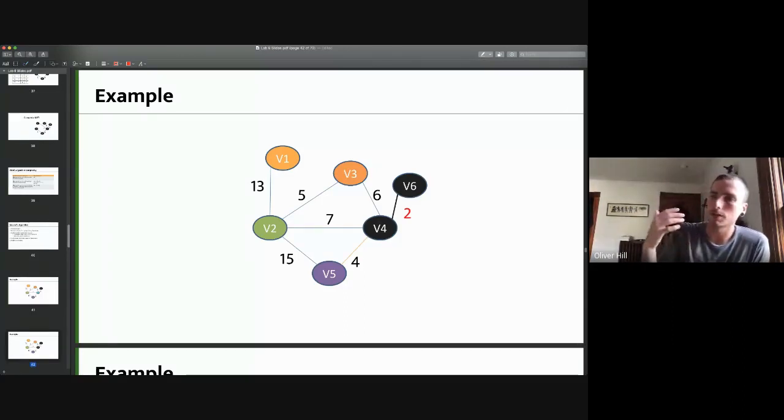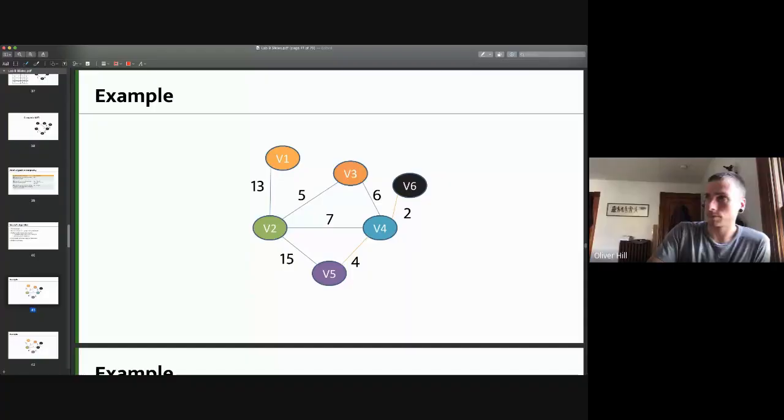Yeah, so all you do is you start here. Nothing is inside the MST. You look at 13, look at 5, 5 is less than 13, 7, 15, 4, 4 is less than 5, 6, oh, 2. 2 is the least cost in the entire graph. So we're going to take that edge to be part of our minimum spanning tree.